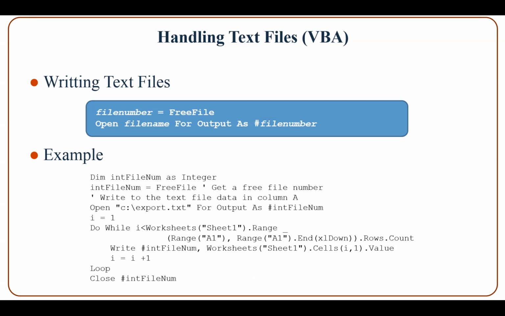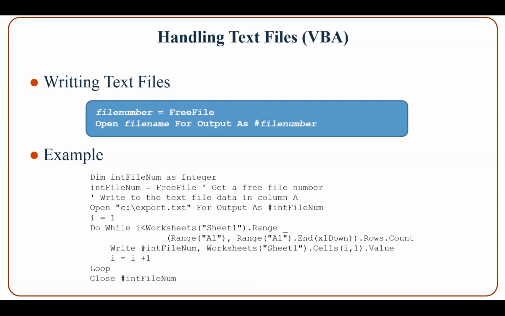So do while an index variable i is less than the number of rows in a range starting from A1. You write to the file with that file number using the Write statement.